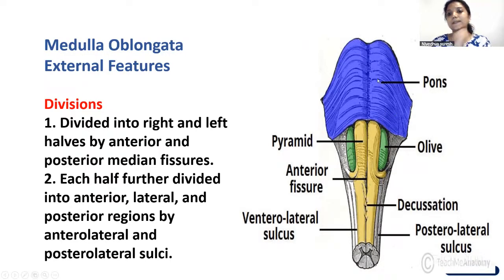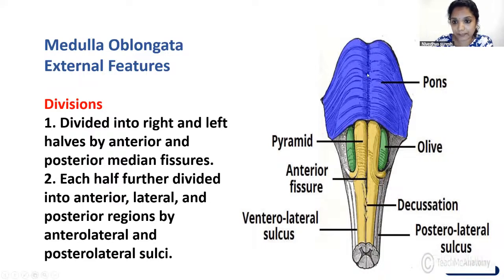In the anterior surface, this midline divides the brainstem into right and left halves and is known as the anterior median fissure. At the same time, it is present posteriorly as the posterior median fissure.